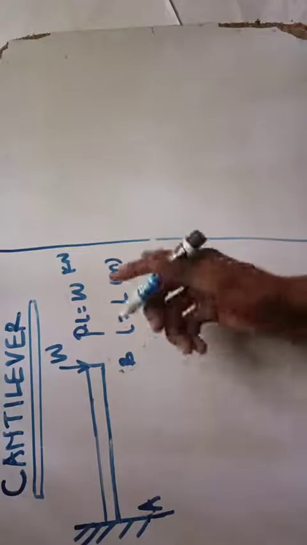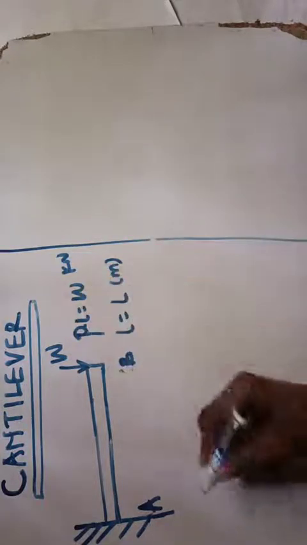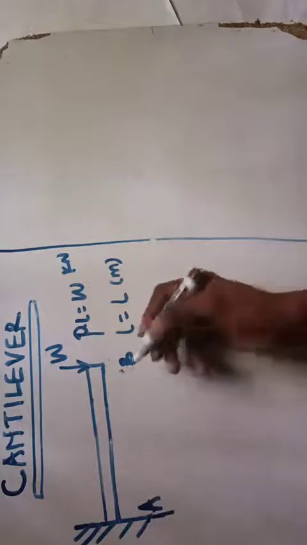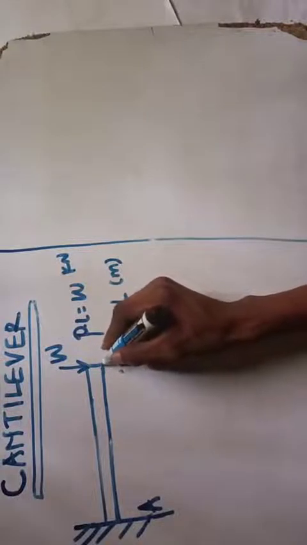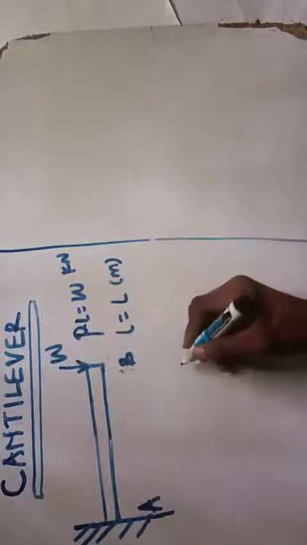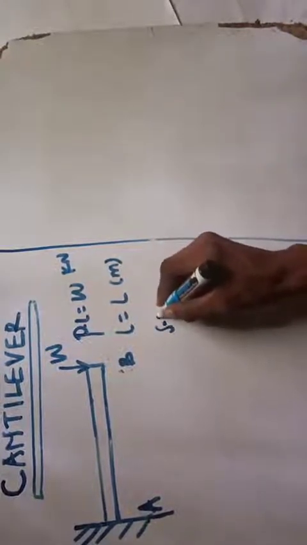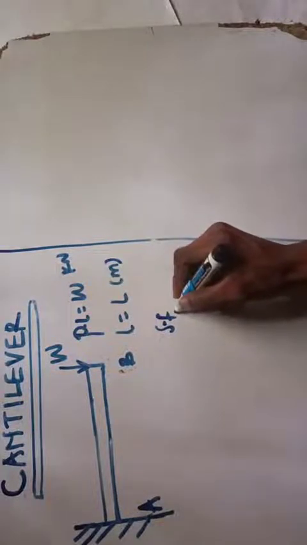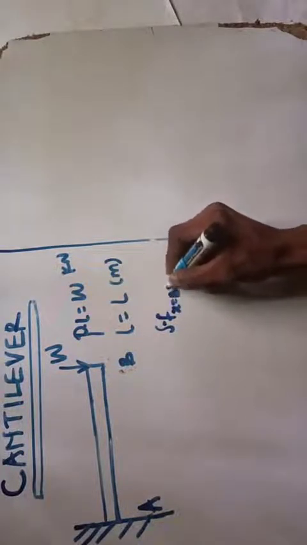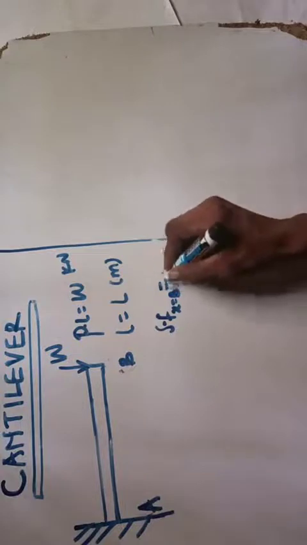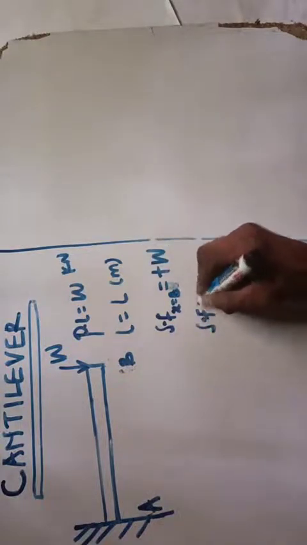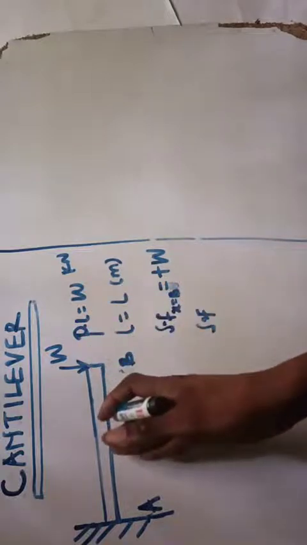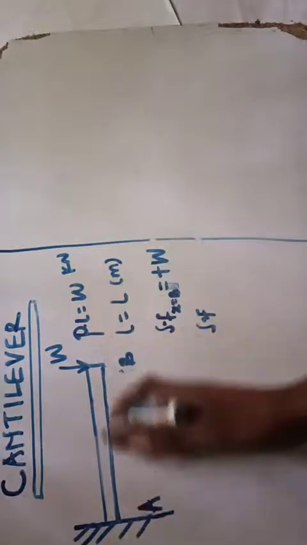So in this case, next thing you do is you find the shear force. So the shear force here is simply W, but here shear force is talking about the weight alone. So at point A, the shear force at this point A is W. So shear force at A, when X equals B rather, is still a plus W. Shear force distributes continuously like that.